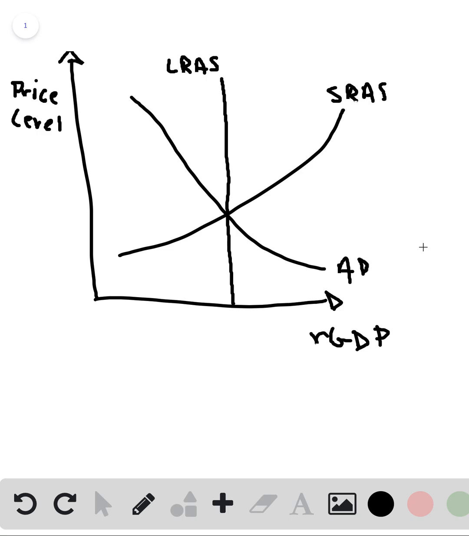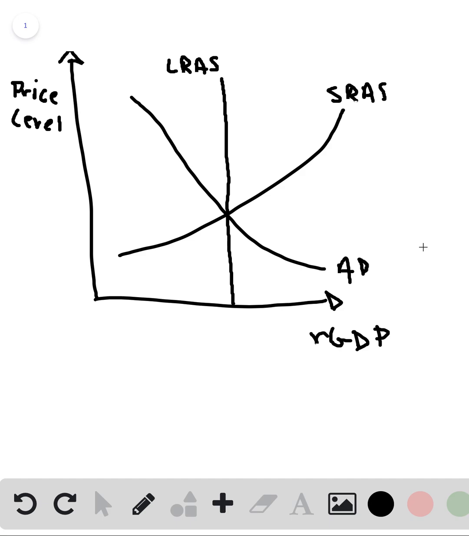Capital spending is part of aggregate demand because aggregate demand is equal to capital spending, which is part of investment. It is also comprised of consumption, government spending, and net exports. So capital spending, which is equal to investment, is part of aggregate demand.